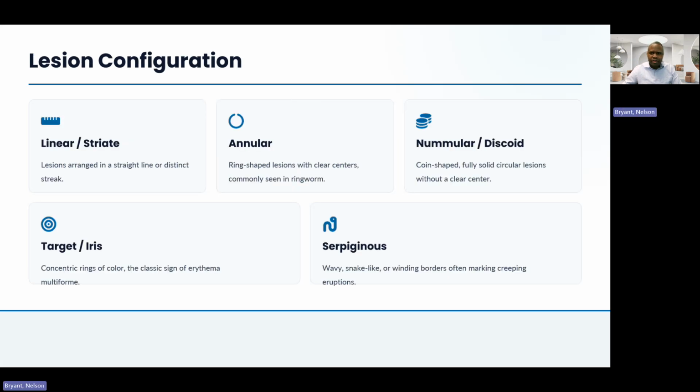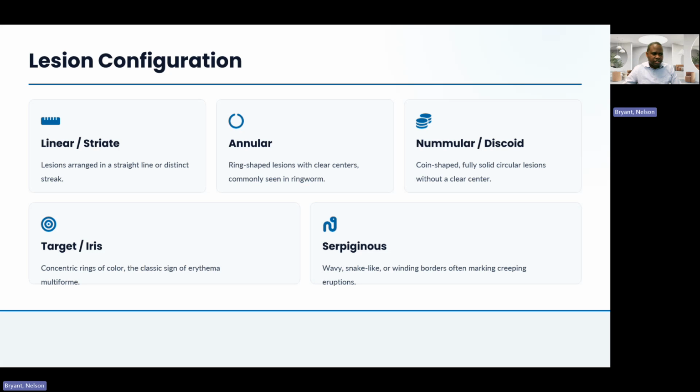Configuration is another important feature, which refers to the shape and arrangement of the lesions. For example, linear lesions follow a line, as you already see over there on the slide. Annular are ring shaped, and nummular, for example, or discoid, are coin shaped.